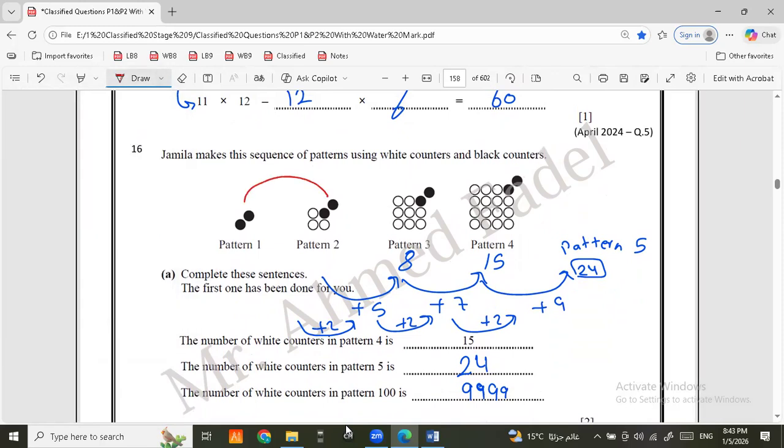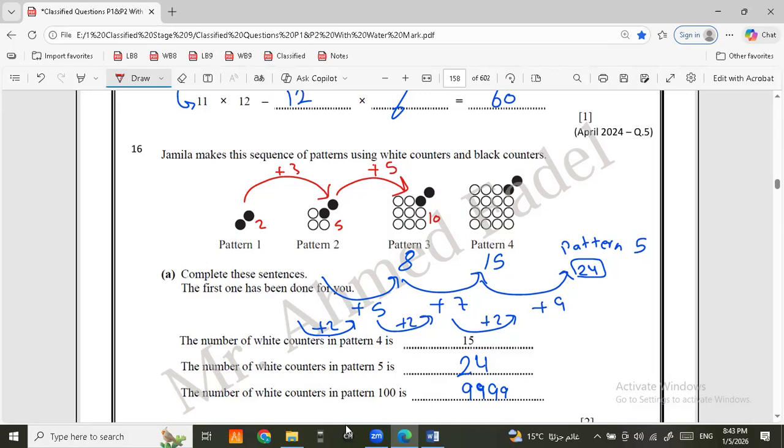Here, the number of counters was 2. It became 5. So we added 3. Then the 5 became 10, so we added 5.